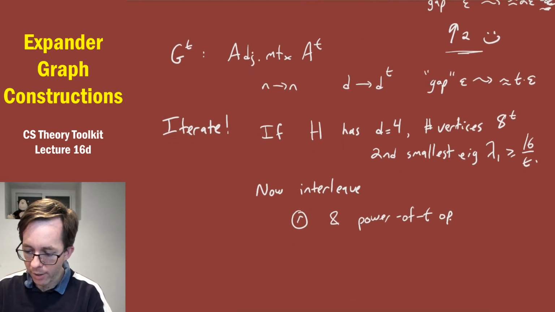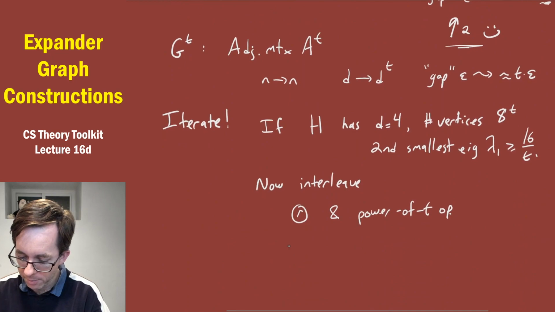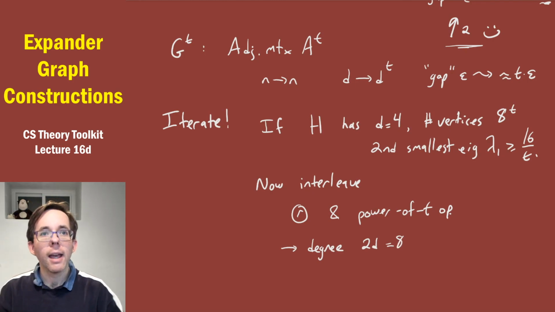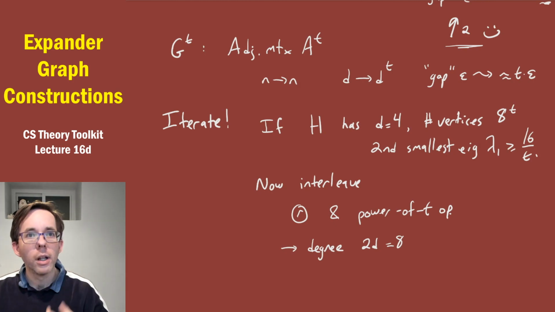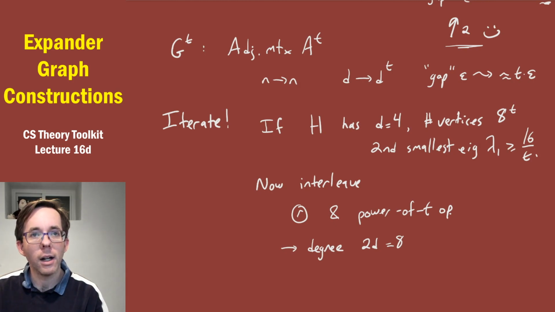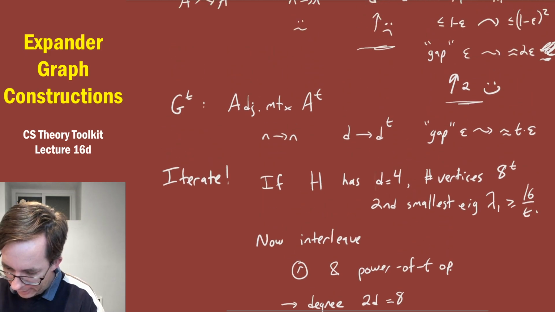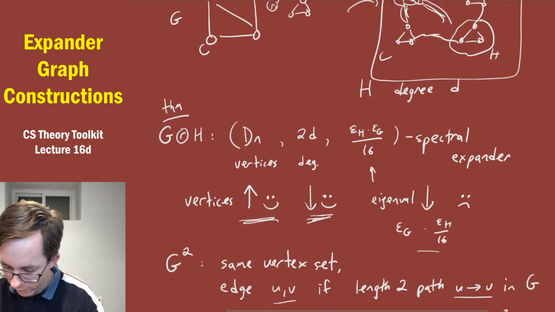So we do the replacement product, and the degree becomes 2 times little d, which is 8. Let's work this out. Let's go back to our replacement product here.